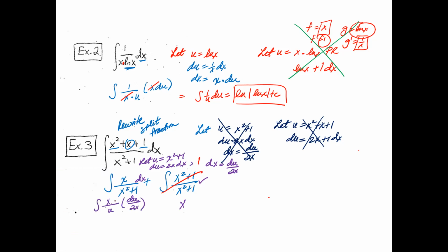And look at this over here, your x and x cancel. So then I have the integral with a 1/2 on the outside, 1 over u du. Okay, so then what is that going to be? It's just 1/2 ln u. So I'm going to move this x over. u is x squared plus 1, plus your x, plus c.